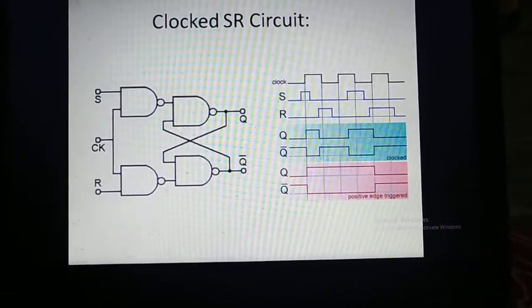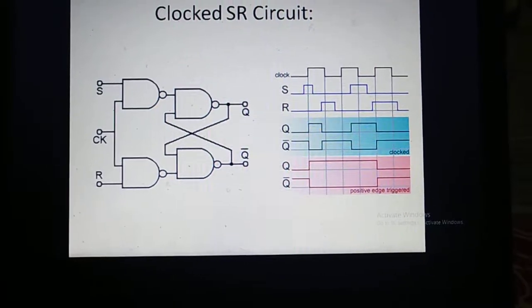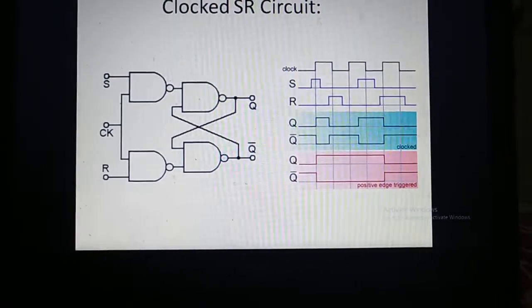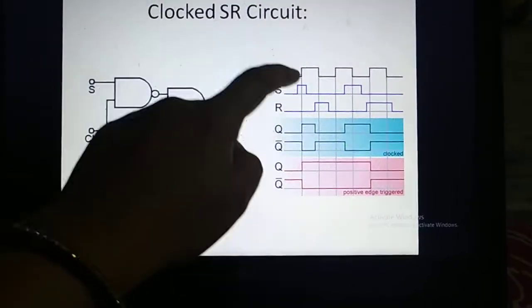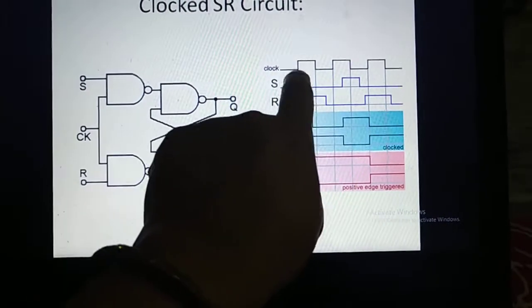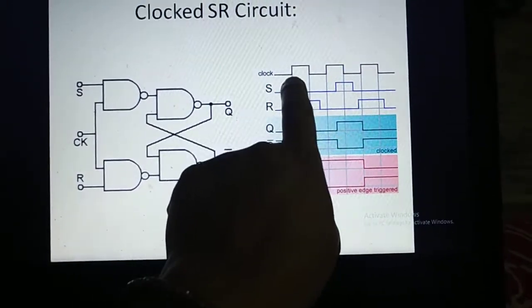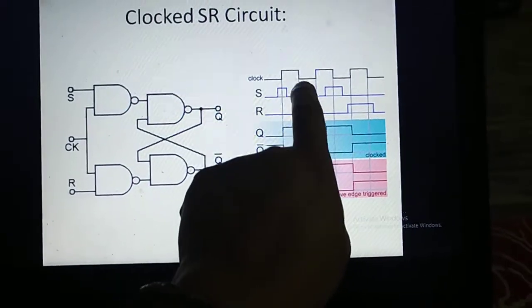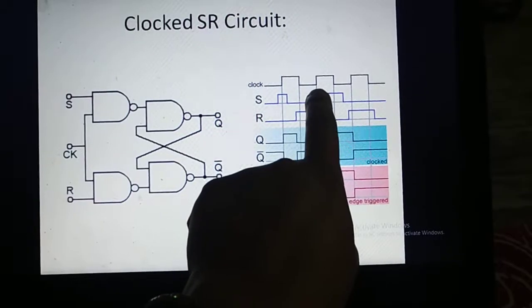Let me tell you what an edge trigger circuit is, and another type is a level trigger circuit. An edge trigger circuit is one that gets activated at a particular point. This point is an edge of the signal, another point is this one, and another is this.